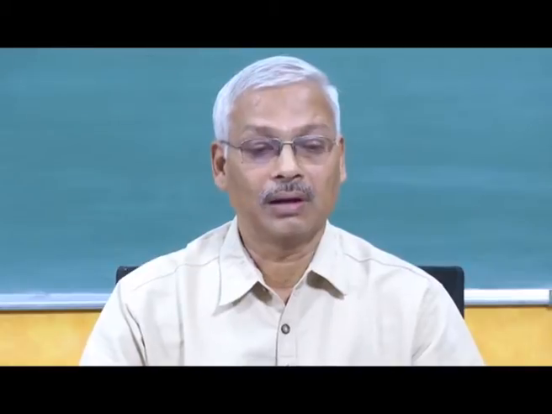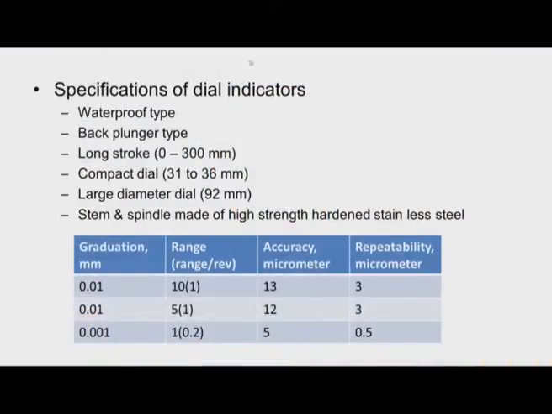Long stroke dial indicators are available with a range of 0 to 300 millimeter, and the dial size can be 31 to 36 mm for a very compact dial indicator. Where space is not available, such compact dial indicators can be used, and large diameter dials are also available with 92 millimeter diameter for easy reading.